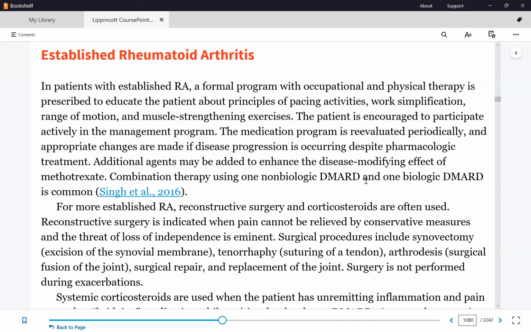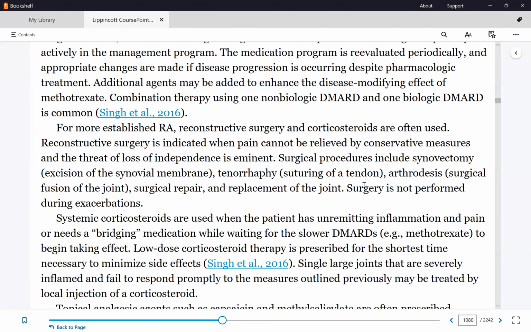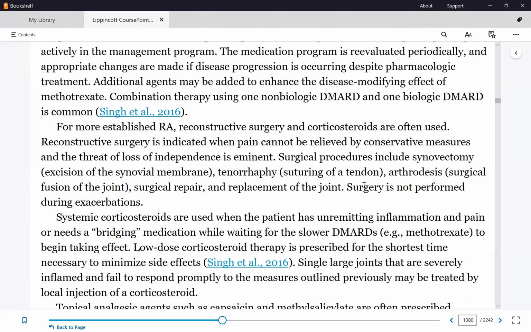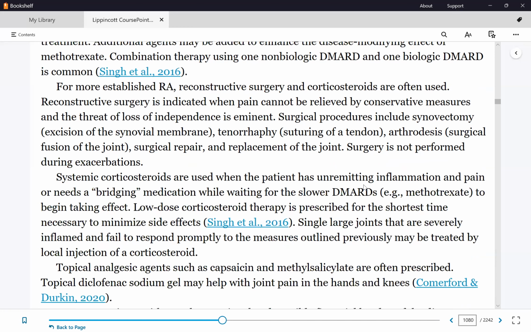So we've got DMARDs, which means azathioprine or methotrexate, and then one or more of those TNF inhibitors or IL-1 or IL-6, interleukin inhibitors, the expensive medications.